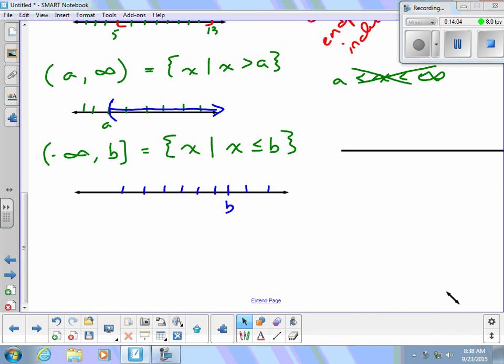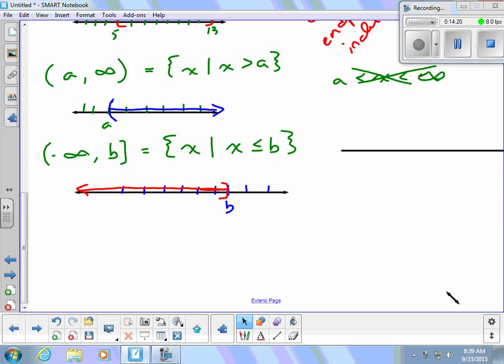And we show the interval with a closed bracket because the original has a closed bracket, and we highlight or darken or use another color and show an arrow going to the left. So it's an infinite interval going to the left.